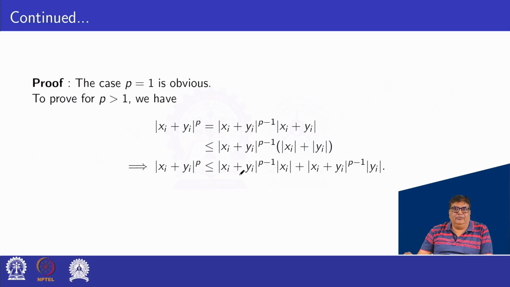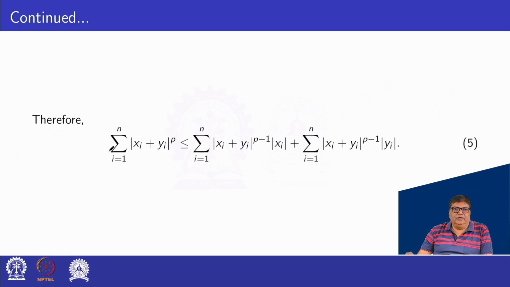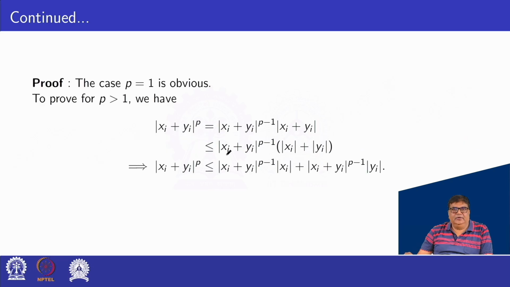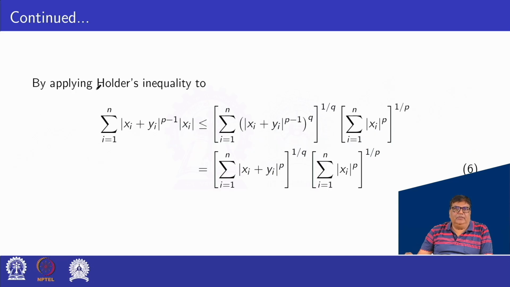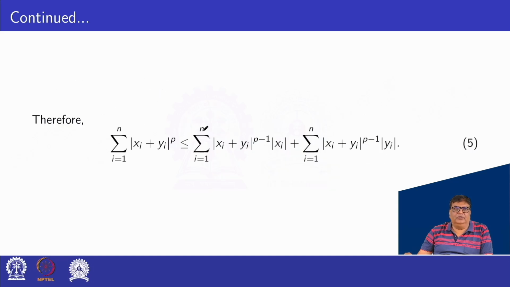Taking the summation on both sides, we get the summation i = 1 to n of |xi + yi|^p ≤ the summation of |xi + yi|^(p-1) into |xi|, plus similarly the summation of |xi + yi|^(p-1) into |yi|. Now, by applying Holder's inequality, what is Holder's inequality?